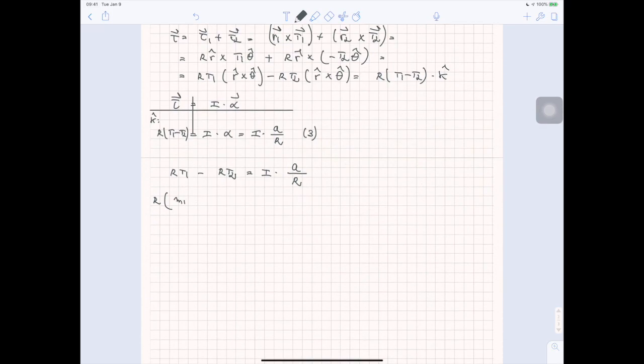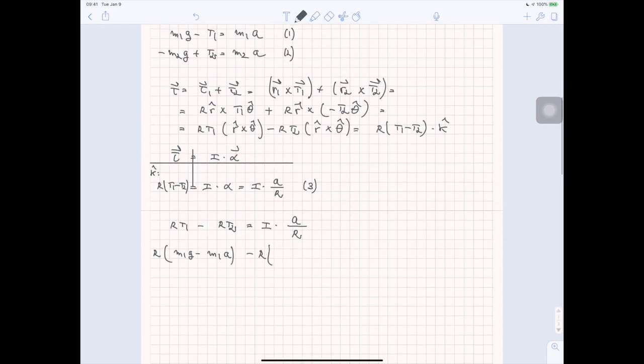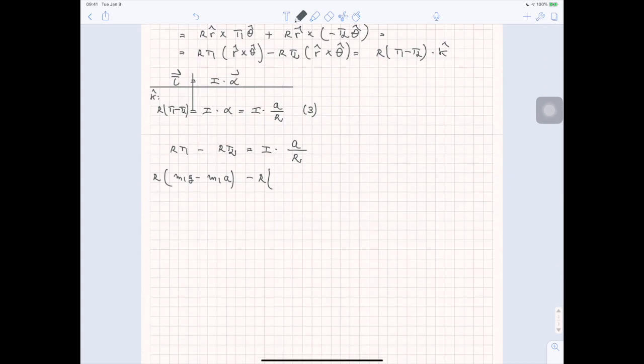So this is (M1G minus M1A) minus R, and T2 is therefore now M2A plus M2G. M2A plus M2G equals, and then we have I divided by R times A.